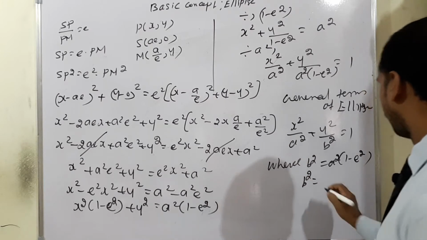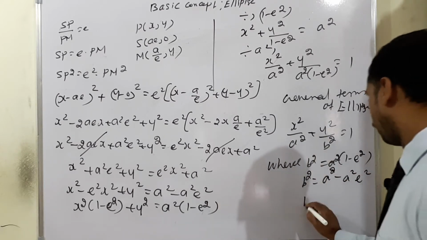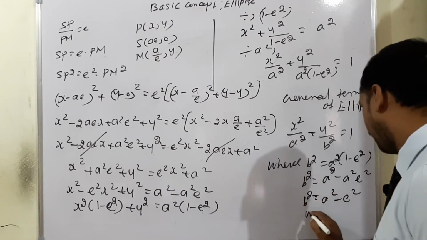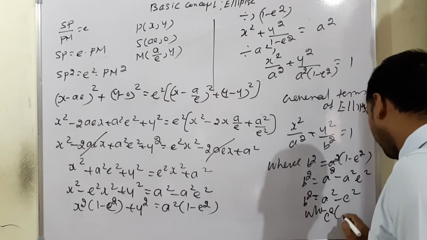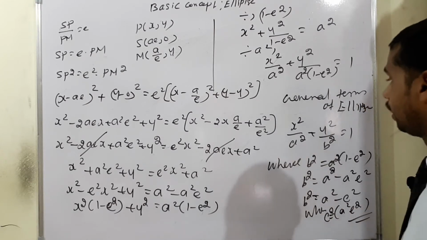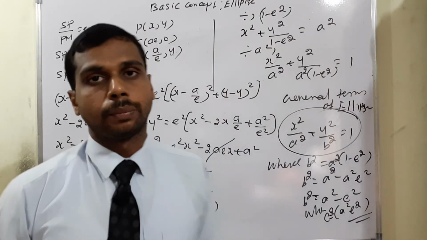Therefore b square is equal to a square minus a square into e square. Therefore b square is equal to a square minus c square, where c square is a square into e square.